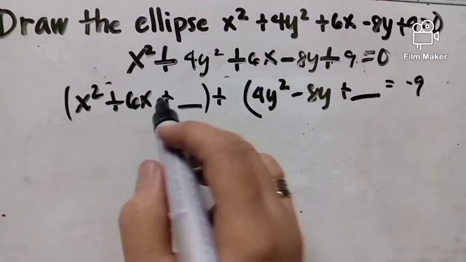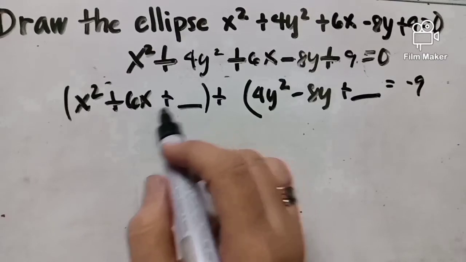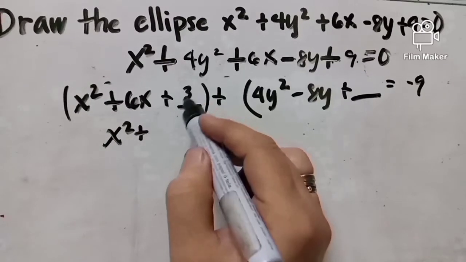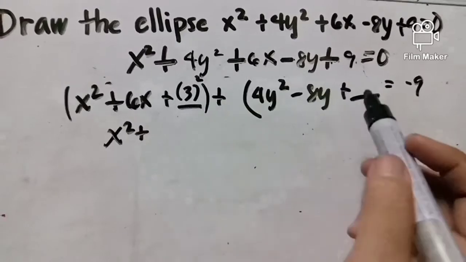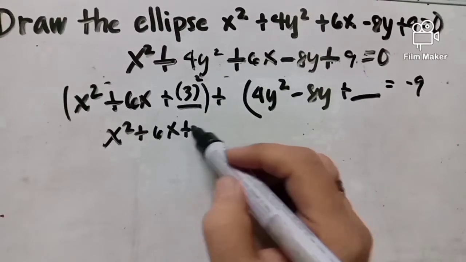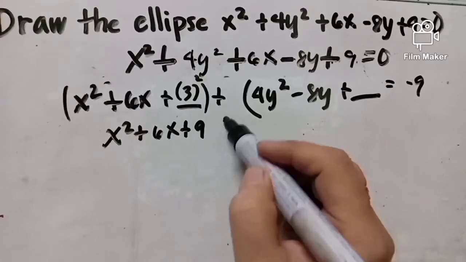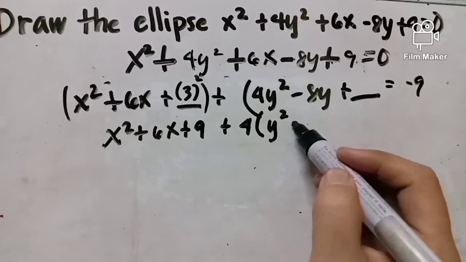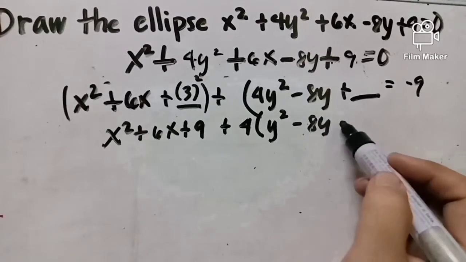Then, ano ba ang kalahati ng 6x? Kalahati ng 6x, lagay natin 3 squared. Ito naman, ganyan ang mangyayari dyan.